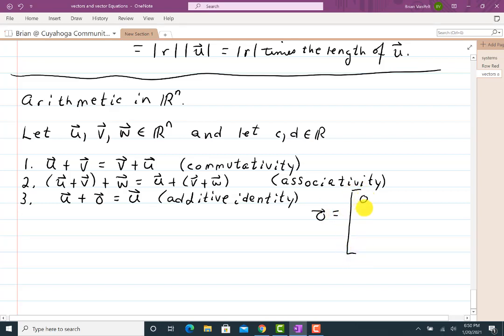That means every component will be a 0. Notice that's not the same as the number 0. The number 0 only has one component. The zero vector has multiple components.